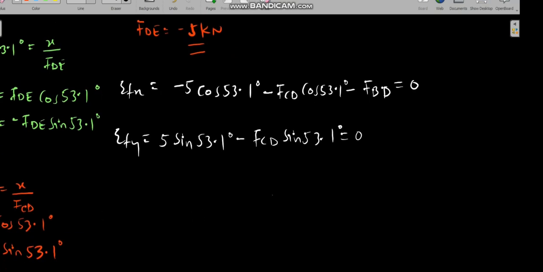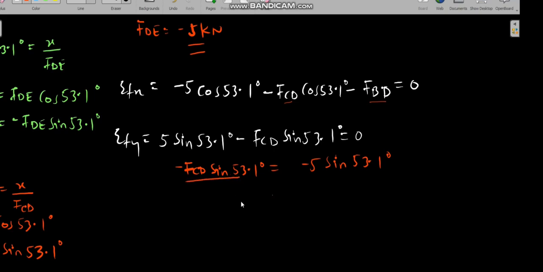So now that we have this, let's focus on solving for the unknown values. Considering these two equations, from the first one I have FCD and FBD as the unknowns, but here we have just FCD as the unknown. So let's solve for FCD. I'll take 5 sine of 53.1 to the right hand side, so minus FCD sine of 53.1 degrees should be equal to minus 5 sine of 53.1 degrees.